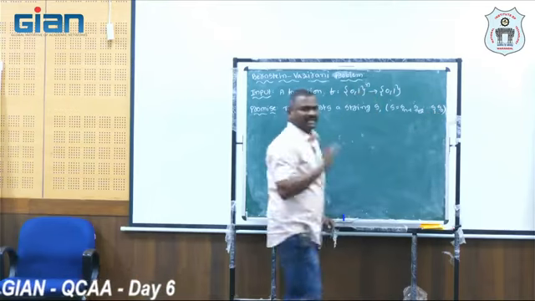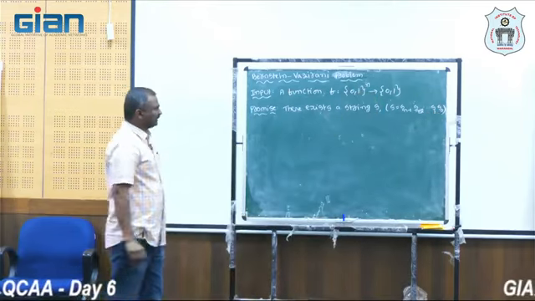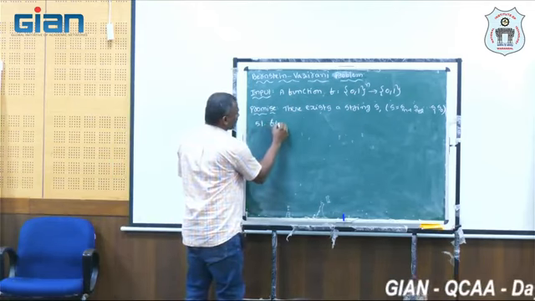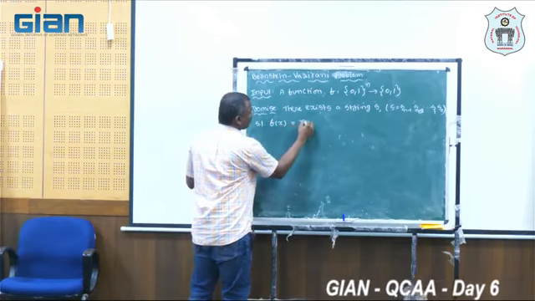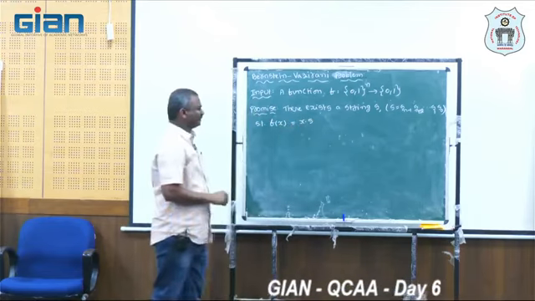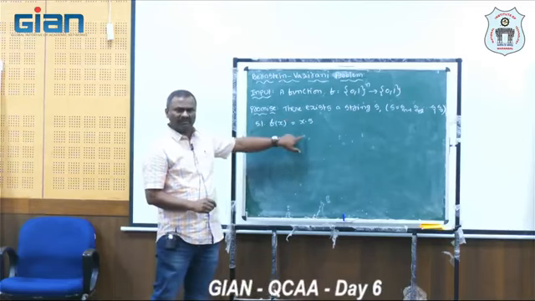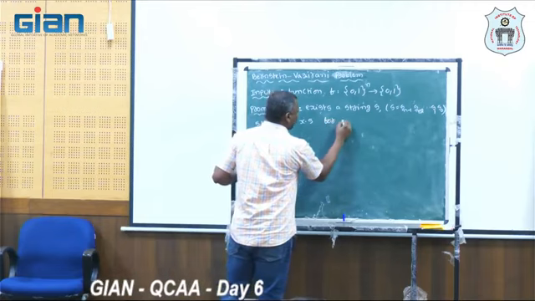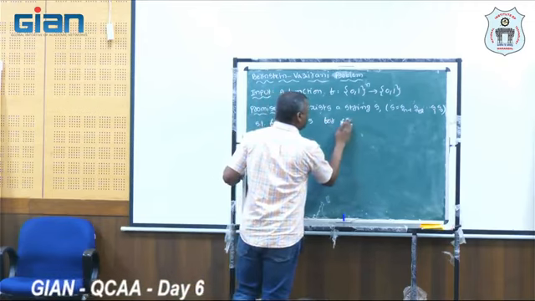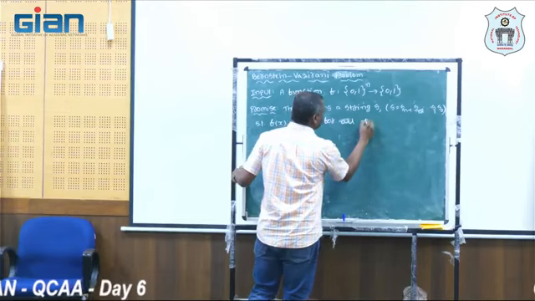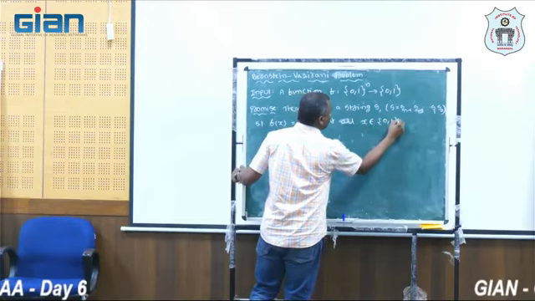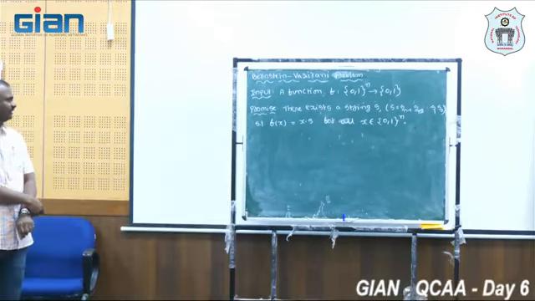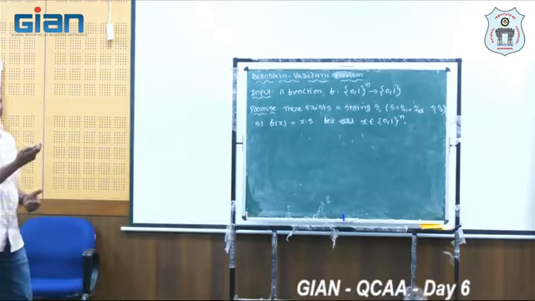That means s is an n-bit string, there exists an n-bit string s such that f(x) equals x binary dot product s. You are familiar with the binary dot product, no? For all x belonging to {0,1}^n. Is it clear what the promise is? We will take an example and then see.